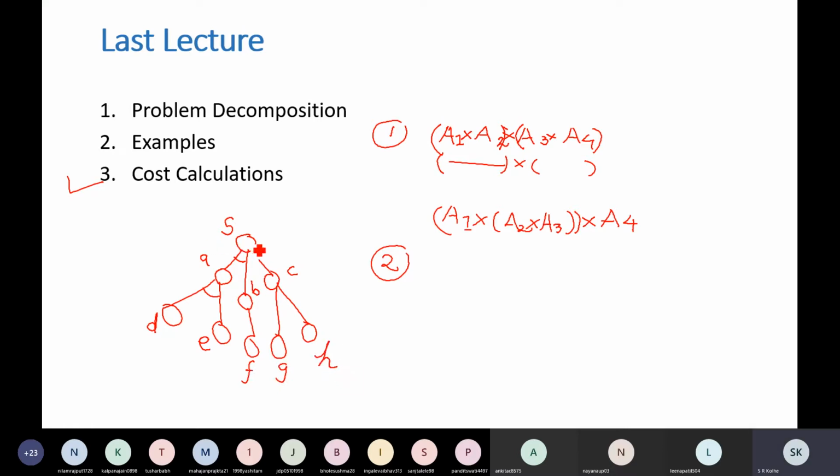Now in this case, how many possible solution paths are there? Many paths are there. So one of the paths is, yes, we will start with S, and since this is AND, both has to be visited, A and B, because of this AND.